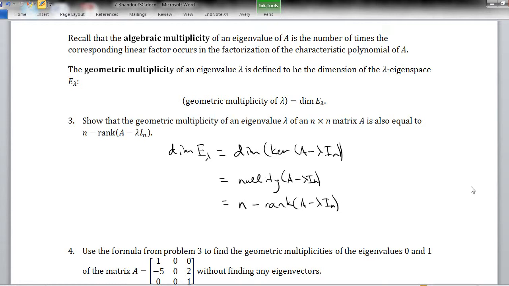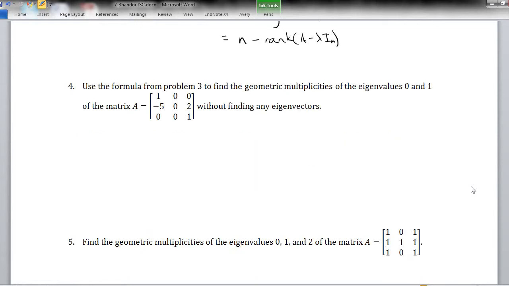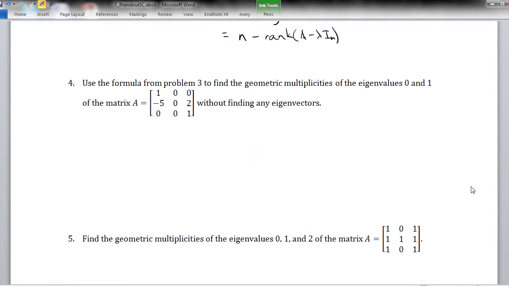So, all right, what does this mean in practice? Well, you could look back at the first page and see how it plays out, but just for variety's sake, let's look at another example. So here's a matrix and it happens to have eigenvalues 0 and 1. So let's figure out what the geometric multiplicities of those eigenvalues are.